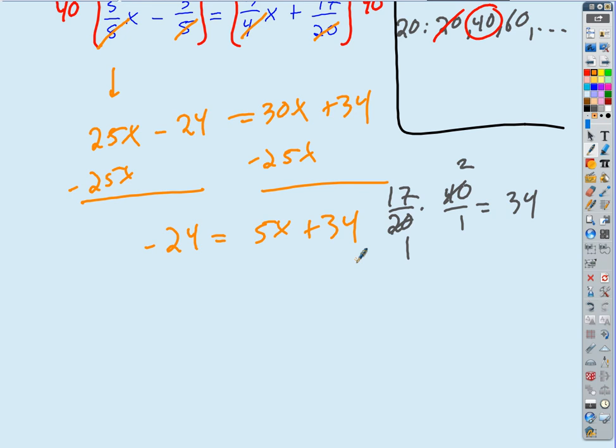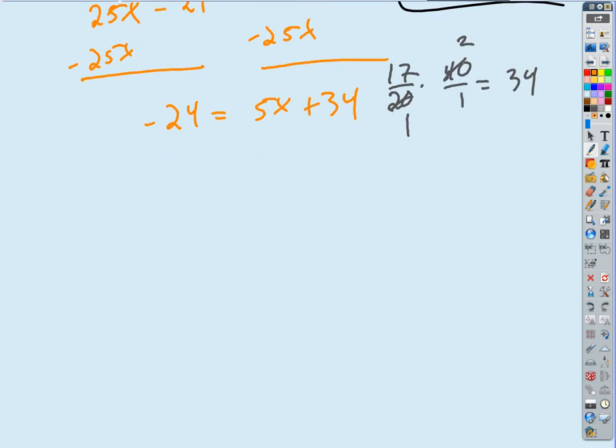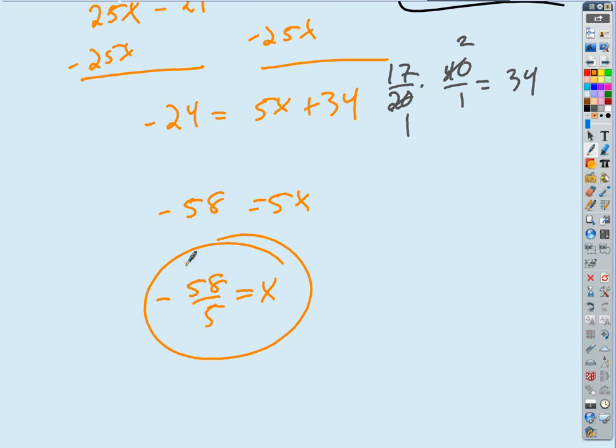What are the last two steps to solve for x? Subtract 34, good. So 5x equals negative 58, and then divide by 5. And so I get x equals negative 58 fifths. I get a fractional answer, but I never had to battle a fraction the whole way through, right? It's a good trick, okay?